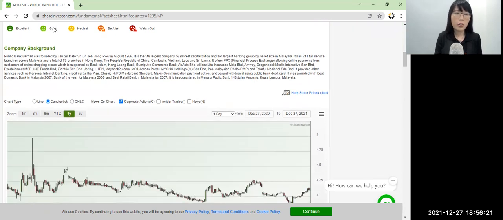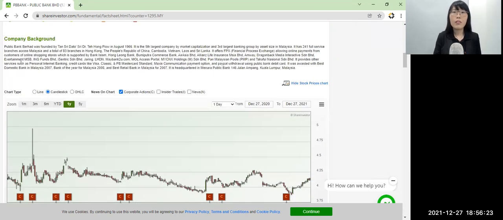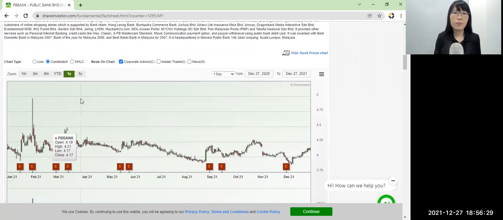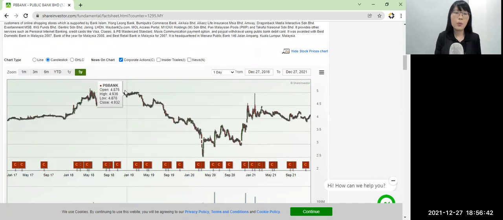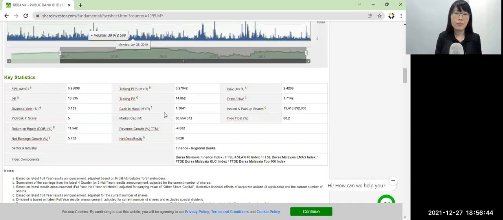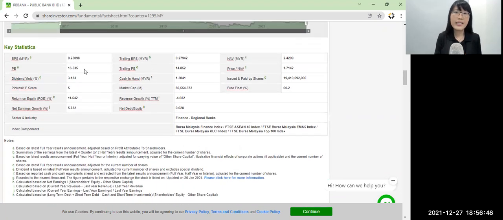So when you scroll down, you can see the company background. Then based on this chart, you can see the company's 1 year share price. Okay. Or you can choose the 5-year share price as well. When you scroll down, you will see some key statistics and an overview of the company here. Okay.